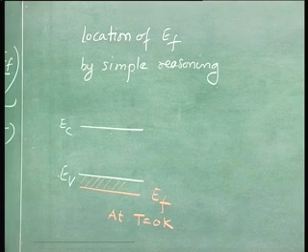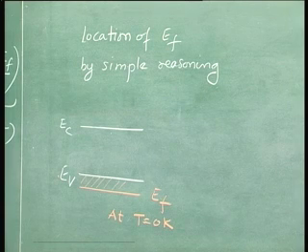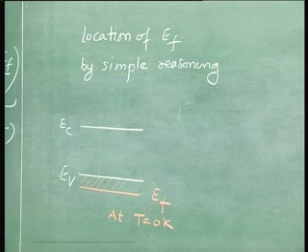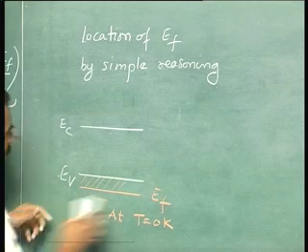Now but we know that at t equal to 0 the entire valence band is occupied, because there is no way the electrons can become free, so they must remain within the valence band. They are all bonded to the atoms in the bond model. So in the energy band model, that means they are all in the valence band. So again EF cannot be within the valence band. So this is ruled out.